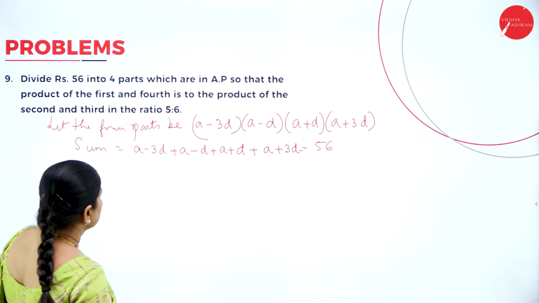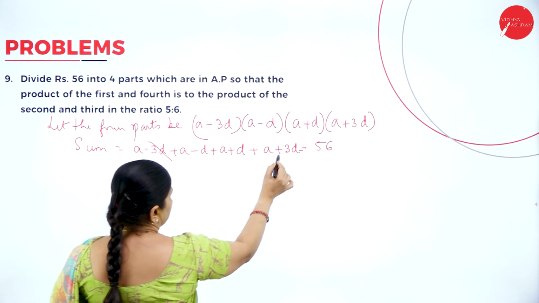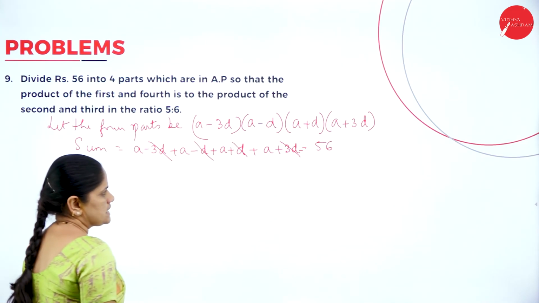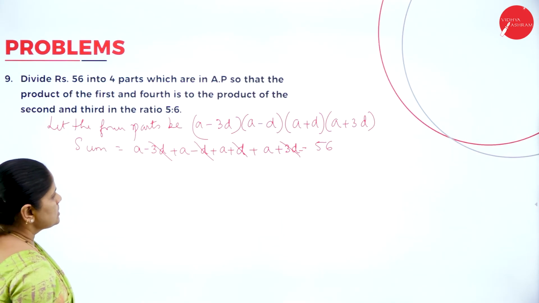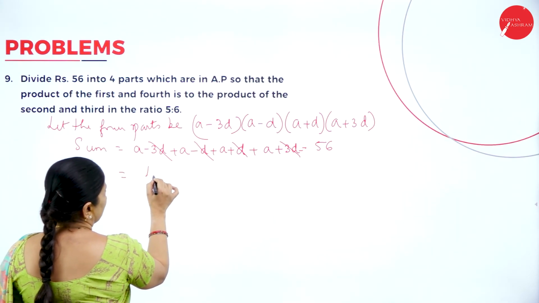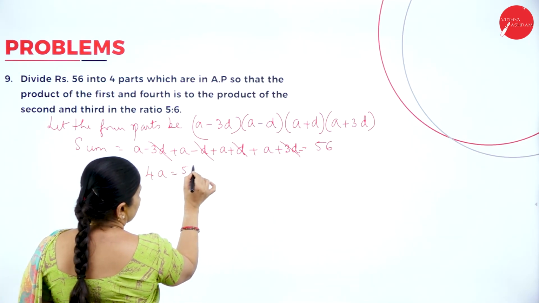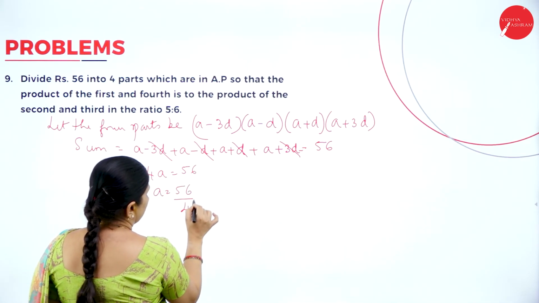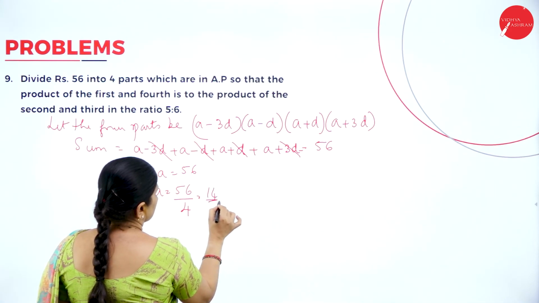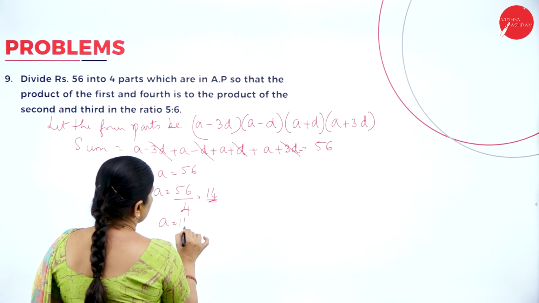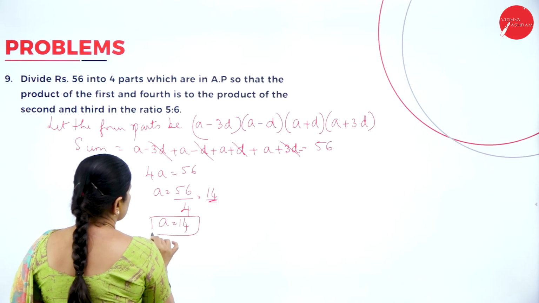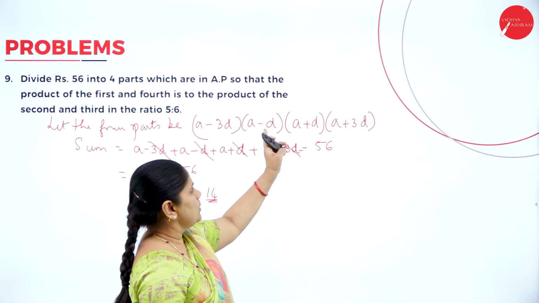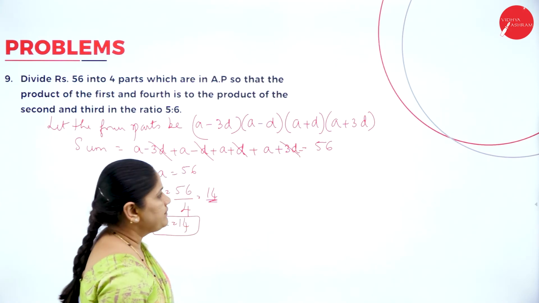So, when we add all these parts, we should get 56. Minus 3D plus 3D gets cancelled, minus D plus D gets cancelled. So, I will get 4A equals 56, A equals 56 by 4, 14. So, A equals 14 is the answer. So, first and the fourth is to the second and the third as 5 is to 6.